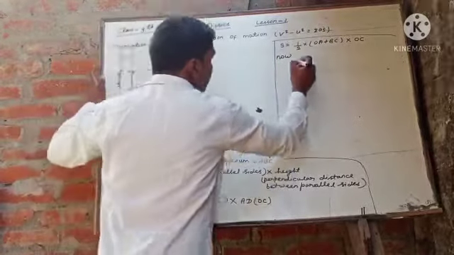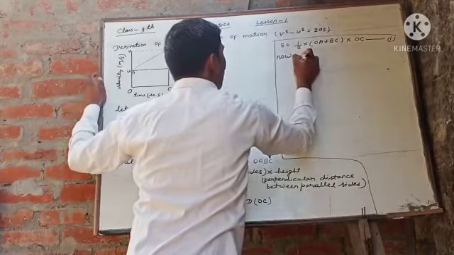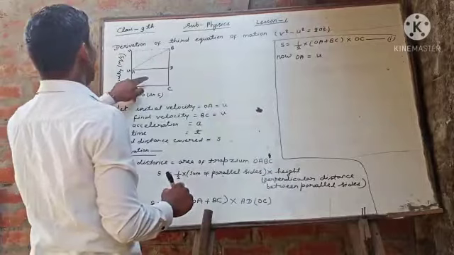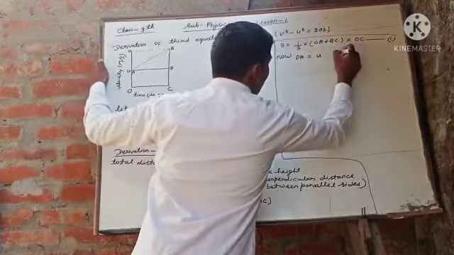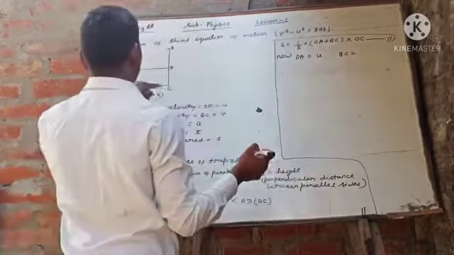Now let this be equation 1. Here OA is equal to u, and BC is equal to v.